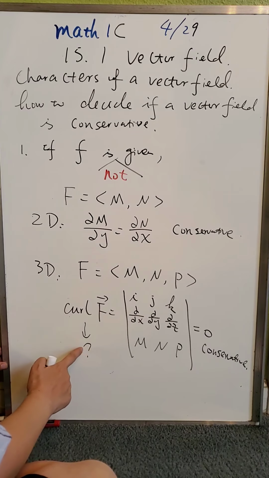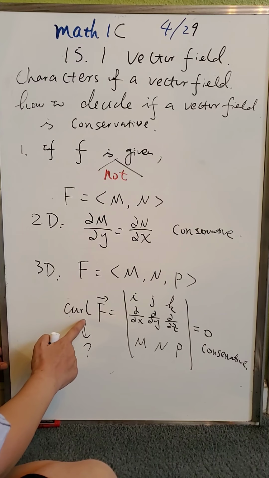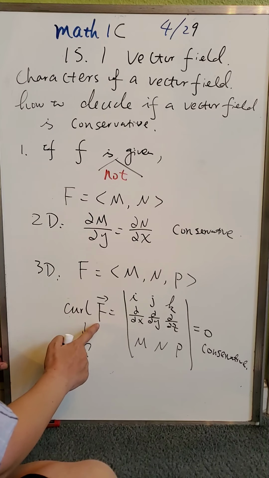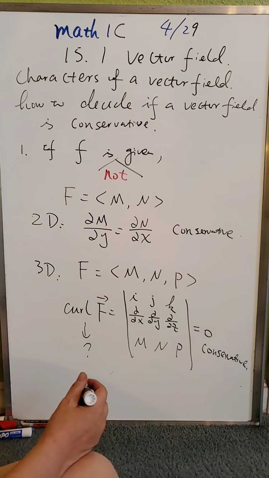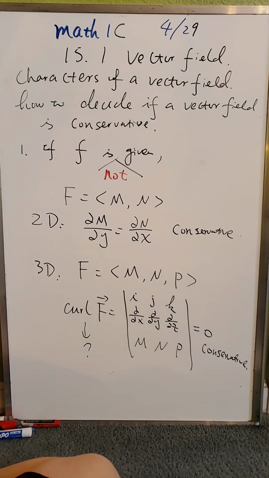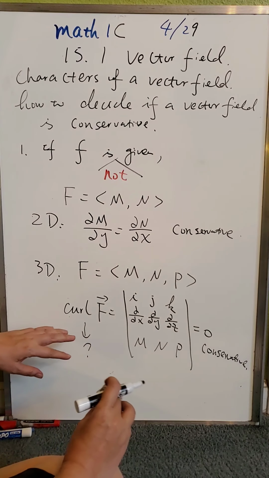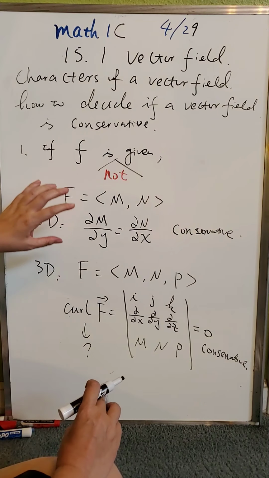Right now, just take it as it is first: the curl of the vector field is equal to 0. I'm going to talk about that in a little bit. Right now, I'm going to show you an example first.